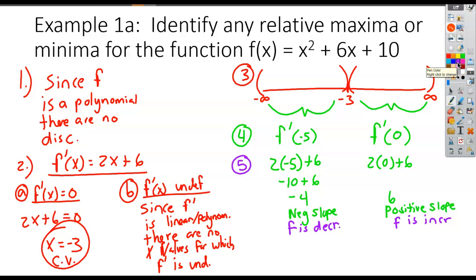If f is decreasing on the interval from -infinity to -3, it's going in a downward direction, and if f is increasing on the interval from -3 to infinity, it's going in an upward direction.